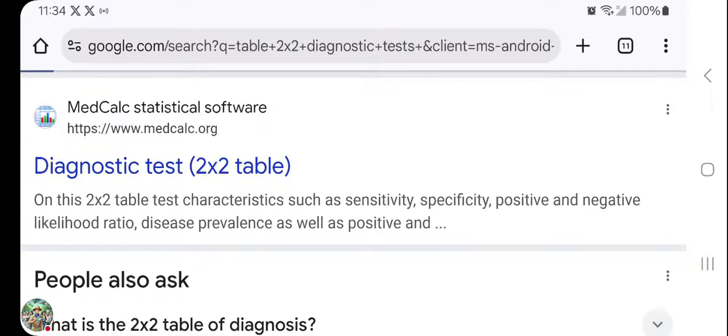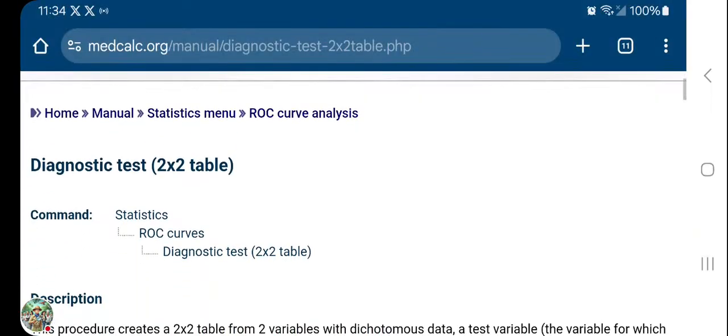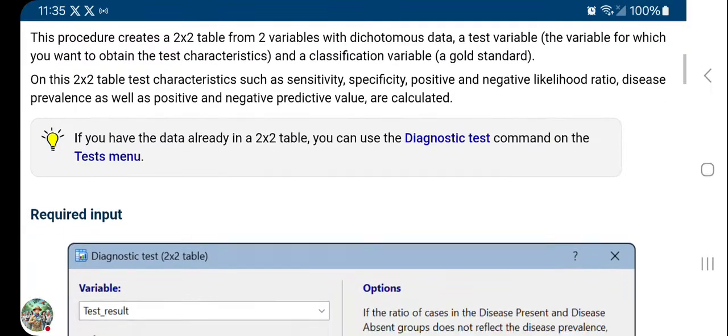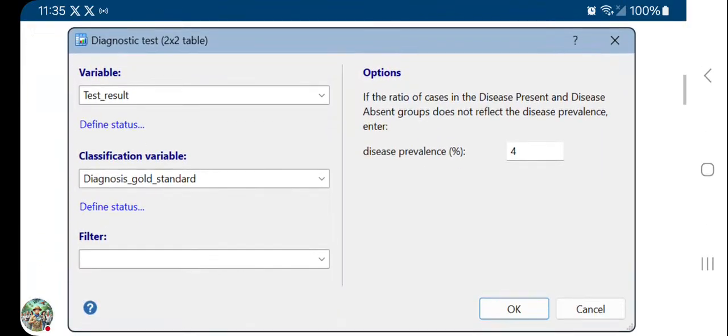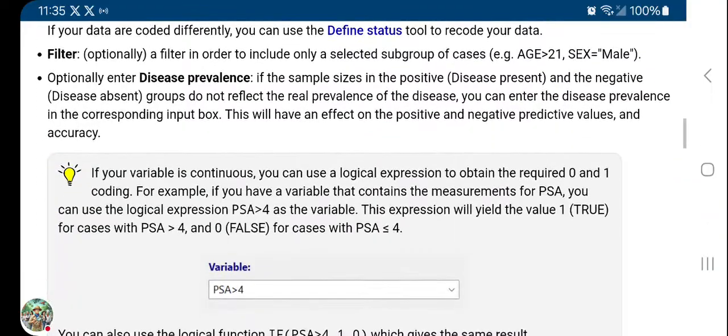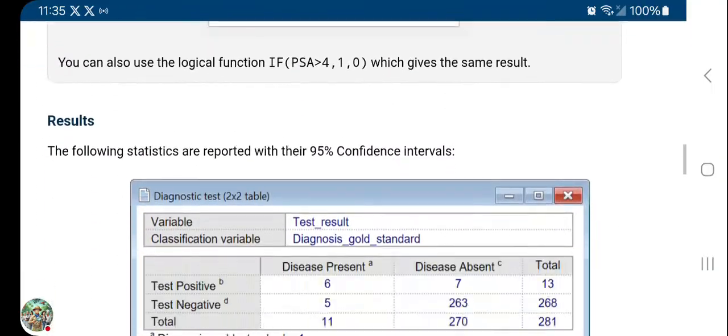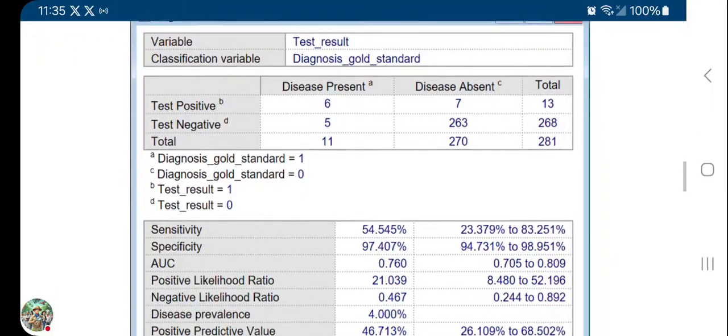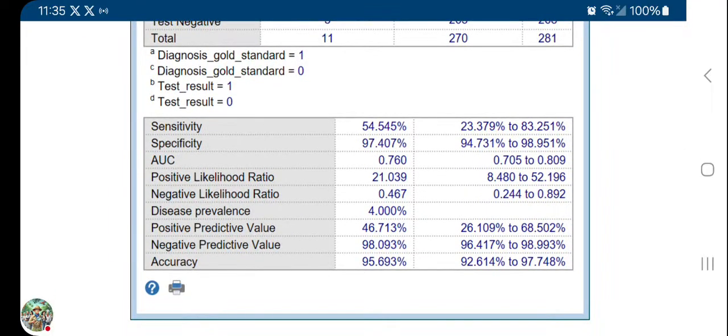So for example, here they give you a diagnostic test 2 by 2 table to make the calculation. After that, it shows sensitivity 54%, specificity high at 97%, positive predictive value 46, negative predictive value 98.